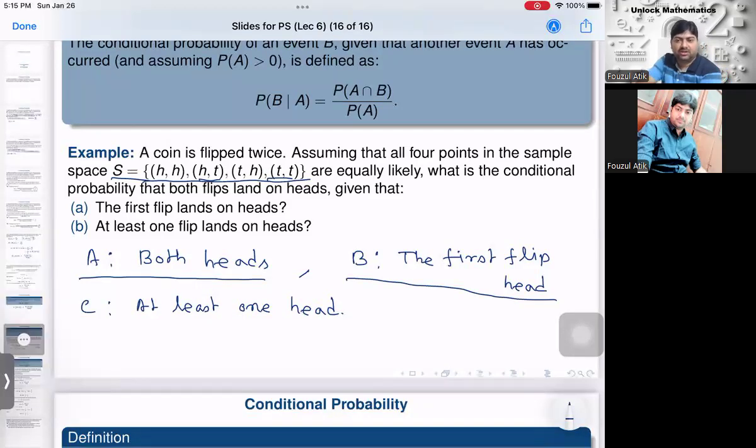So we have to get the probability of this event where B has already occurred. What is that? So this is the probability of A by B. Now from the previous discussion we got this formula: P of A intersection B divided by P of B.